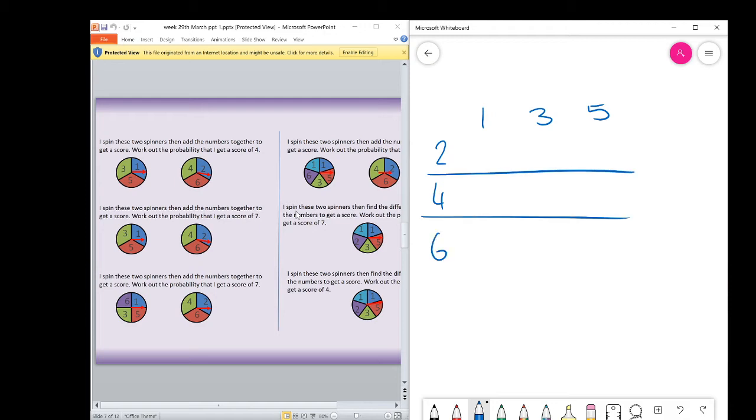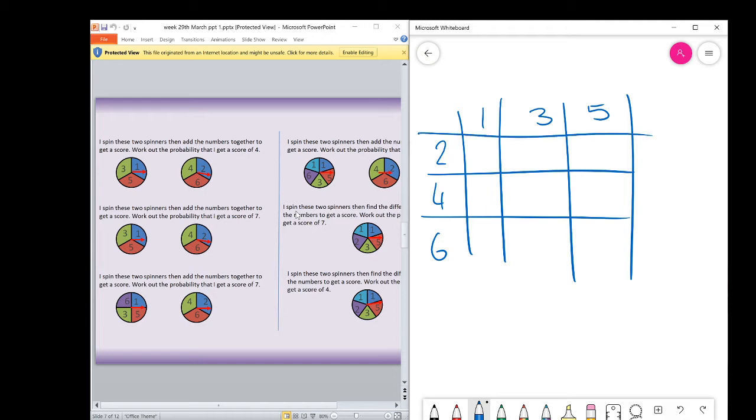So I draw my grid out. In an exam, it would be beautiful if I could use a ruler, but I'm not going to. I'm adding them together. So that's 3, 5, 7, 5, 7, 9, 7, 9, 11.